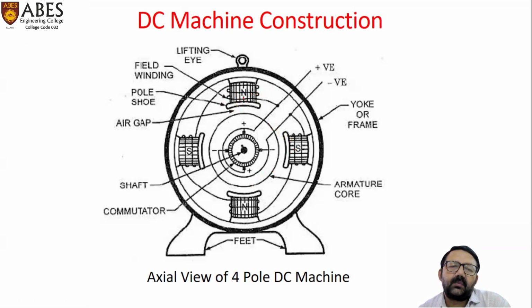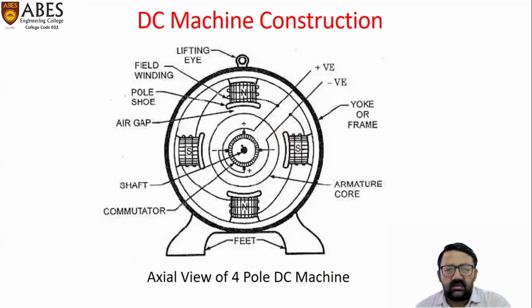Here we can see if this upper pole is a north pole, then the winding is done in such a manner that adjacent to this north pole we get a south pole and then again a north pole. So the windings are wrapped in such a manner that field poles gain alternate polarity. When current flows in this field winding, the field poles develop the flux of the machine.